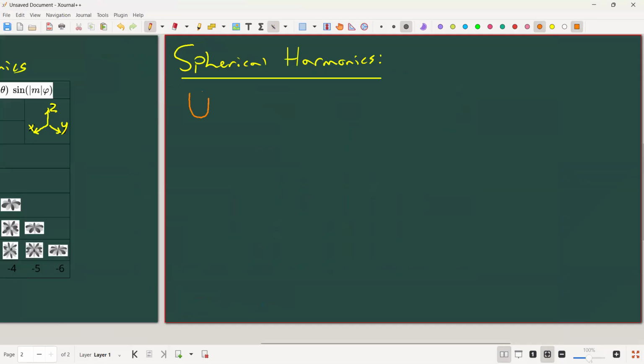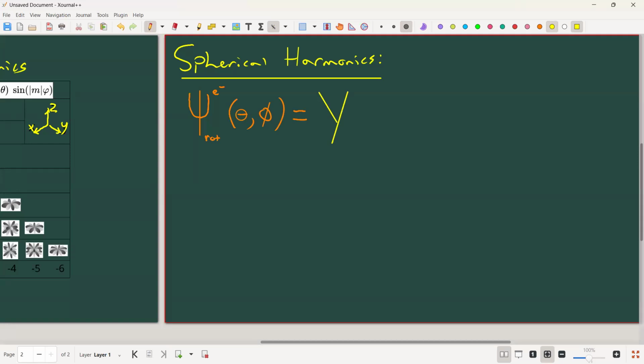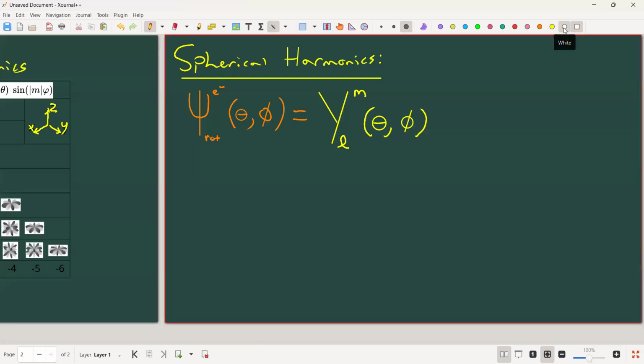So these wave functions, remember, are rotational wave functions for our electron that are dependent on the two angles. We give them the label Y. And we label them based on two numbers, the L and the M number. And they're also functions of theta and phi.